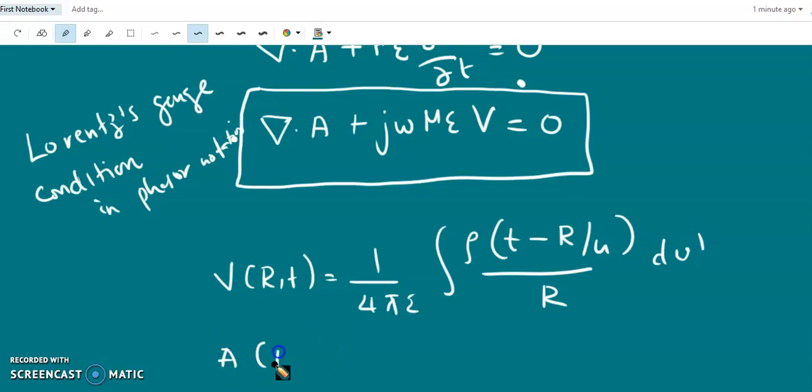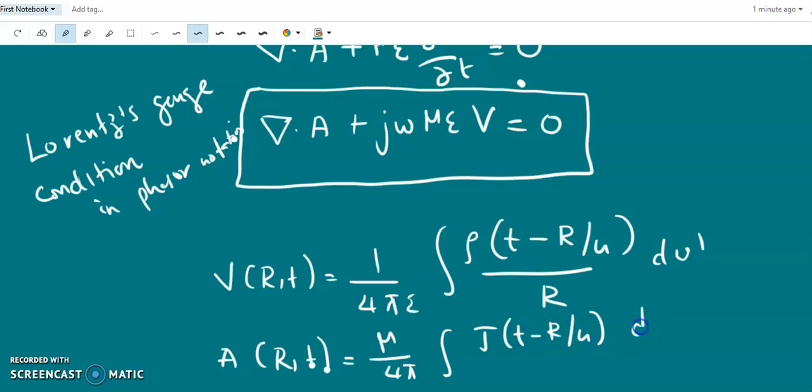And A of r, t, the retarded vector potential, is given by mu by 4 pi integral J of t minus R by u dV prime divided by R. These are the solutions of the non-homogeneous wave equation for scalar and vector potentials.